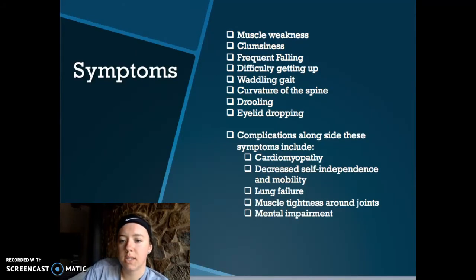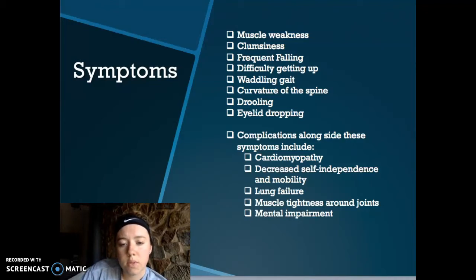Moving on, here's the symptoms. I know this is a lot on one slide, but I'm just going to read you what someone with DMD might present. So muscle weakness, clumsiness, frequent falling, difficulty getting up, waddling gait, curvature of the spine, drooling, eyelid dropping.